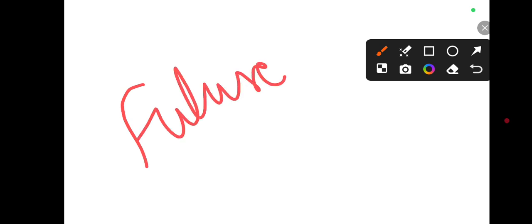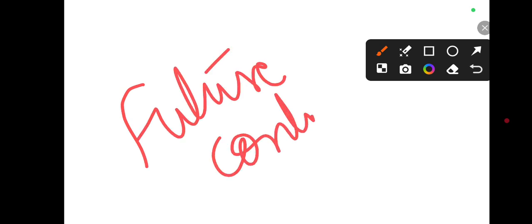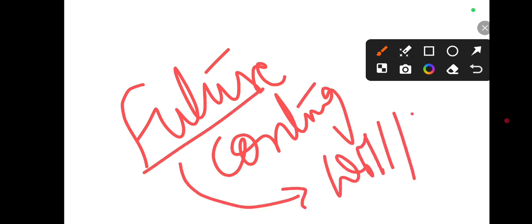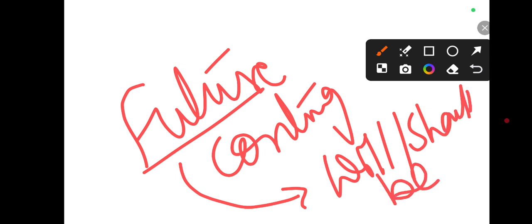Now, future continuous. Here you have to use two helping verbs, will or shall and be. These two, either will or shall and be. This is the mindset you should be very clear about when you are using future continuous.